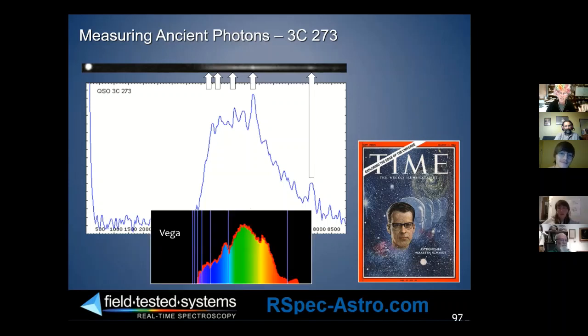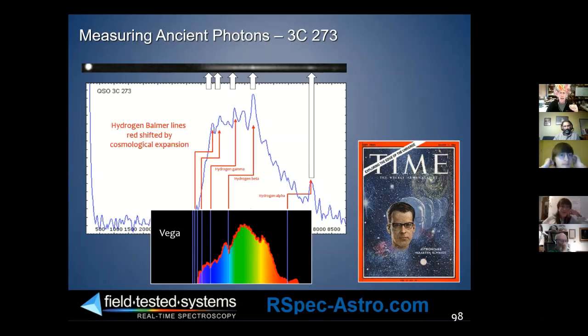He was a scientist. He took the spectrum of hydrogen from Vega, and you saw the spectrum in my software. I suggested you remember that display. And he compared the hydrogen Balmer lines there to the hydrogen Balmer lines in the quasar. And he said, wow, they're spaced right, but they're shifted.